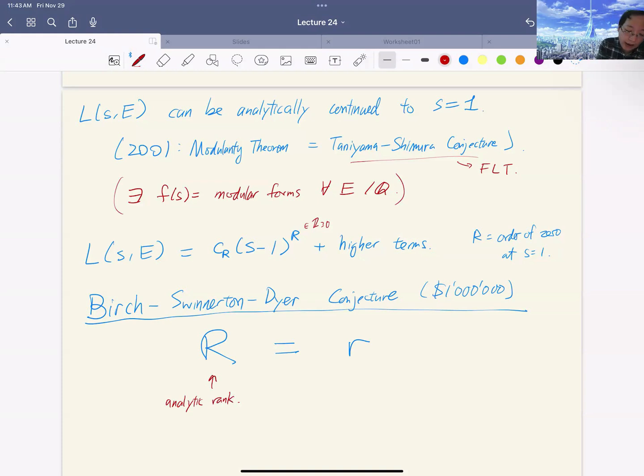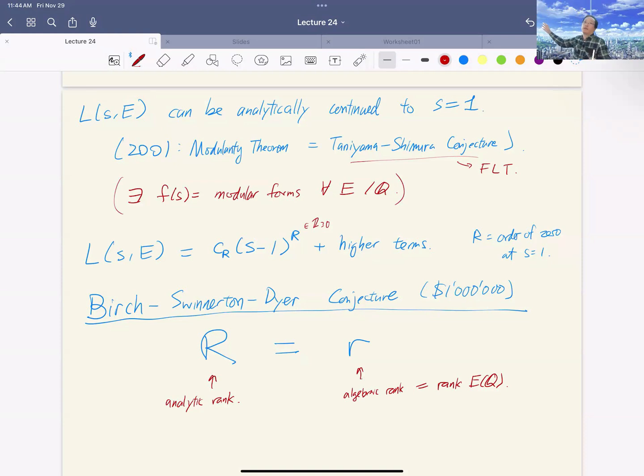So it tells you the analytic function's behavior at s equals 1. On the other hand, this is the algebraic rank, which, as we mentioned, is just the rank of the abelian group over Q. So this small r is constructed completely algebraically from the elliptic curves, while the big R is constructed completely by analysis, by complex analysis.